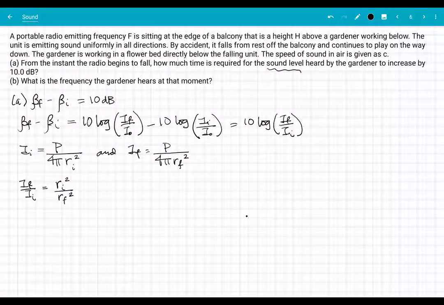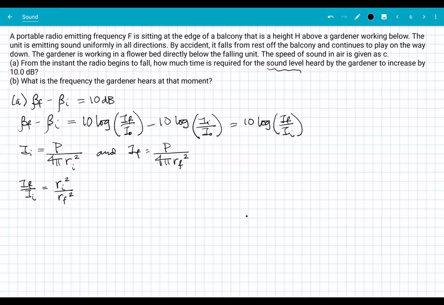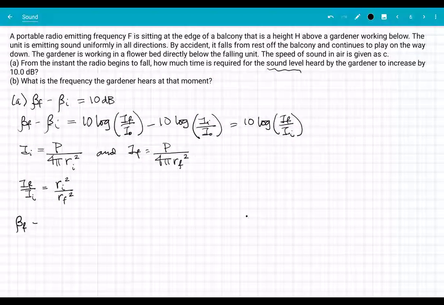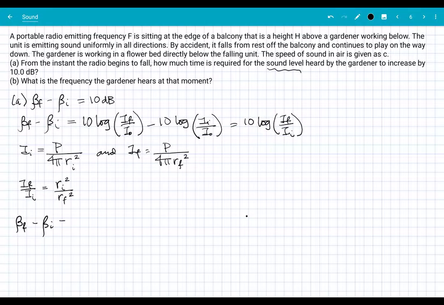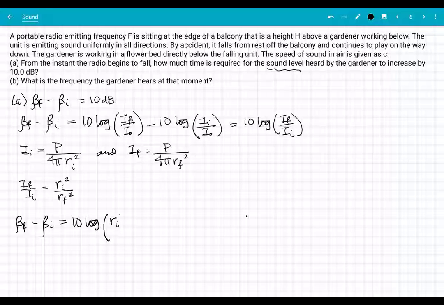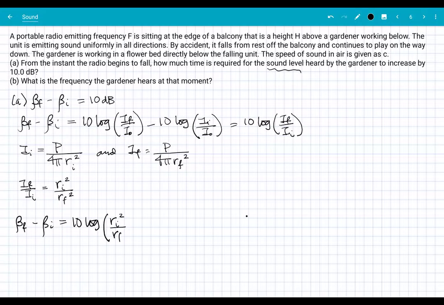So the ratio of the intensities is really just the inverse of the ratio of the radii squared. This is super helpful. So I'll go back to my sound level difference now, and I can write this as 10 log. And instead of writing just the ratio of the intensities, I can now write it right in terms of the radii, which is super cool.